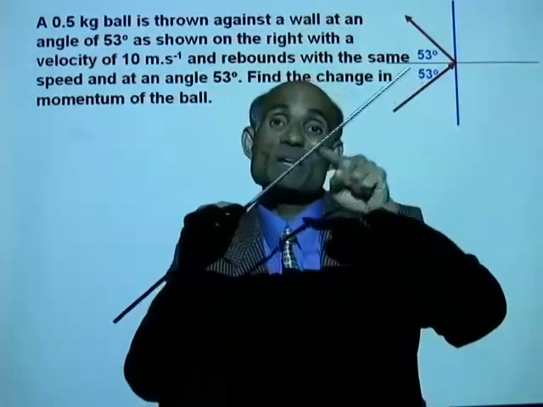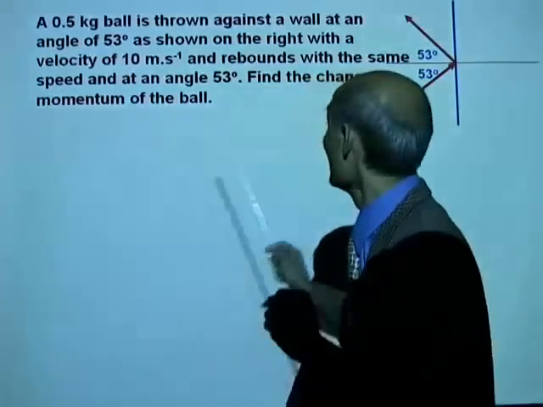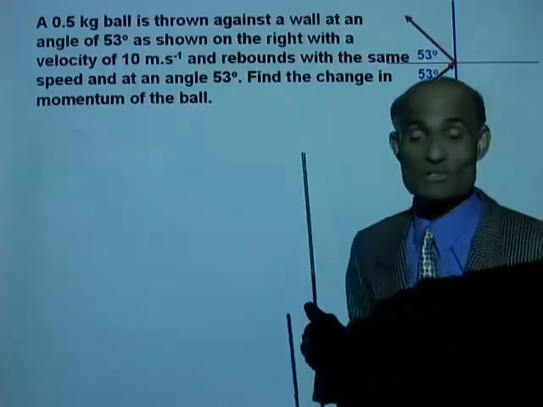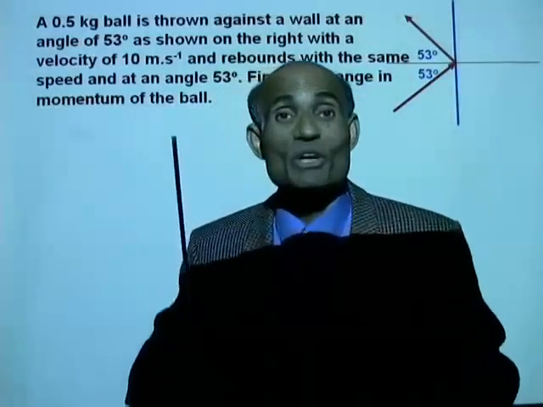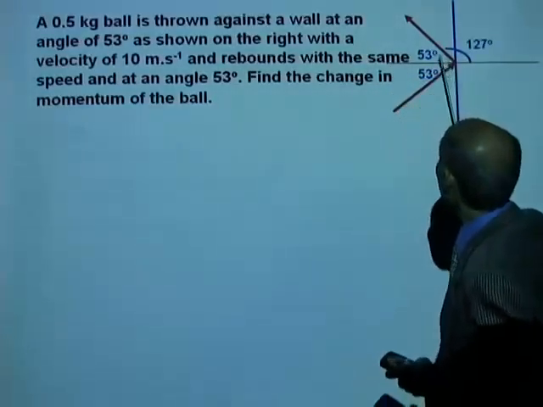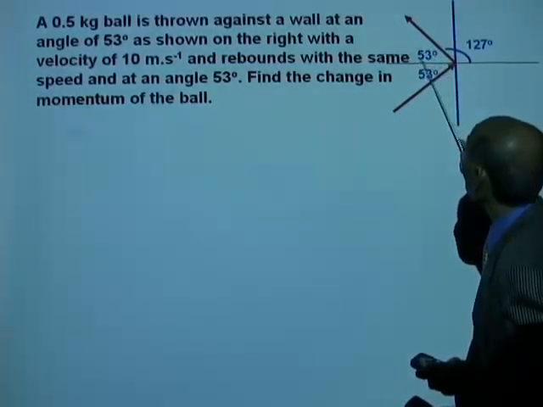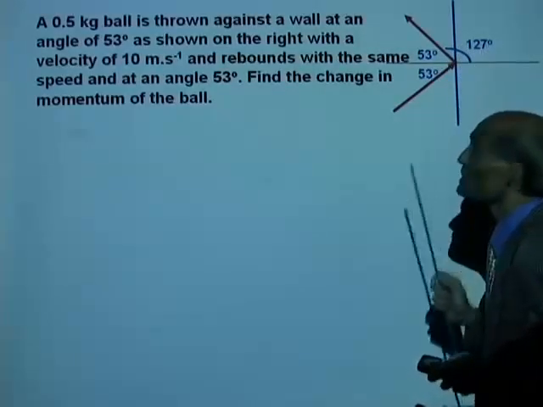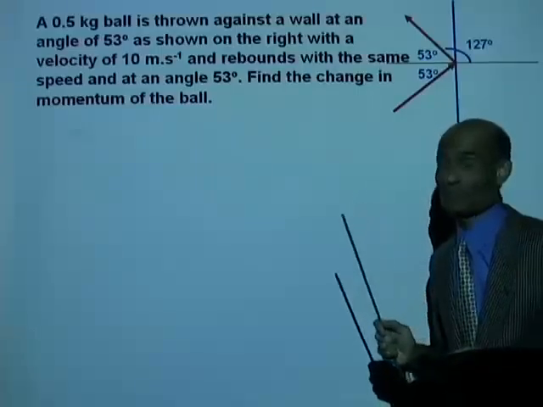You can see the momentum is a vector quantity. It has an x component and a y component. So we need to now look at the component form. Okay, let's do that. Now, if this angle is 53 degrees, then this angle will be 127 degrees. Is that right? Okay.